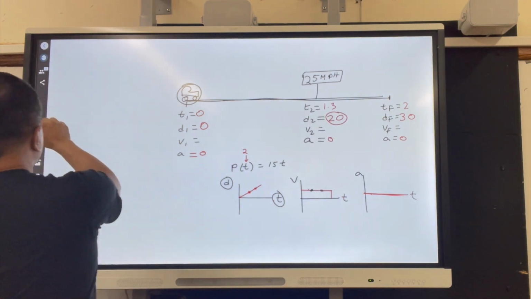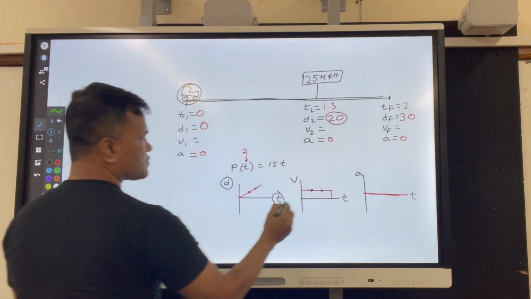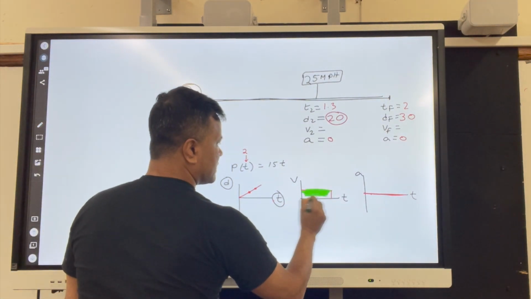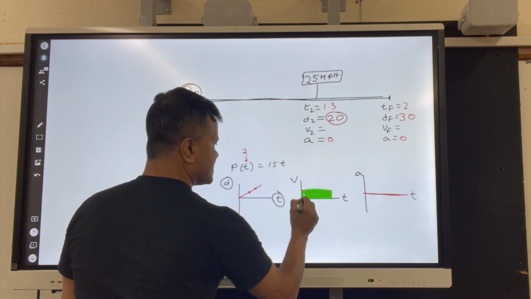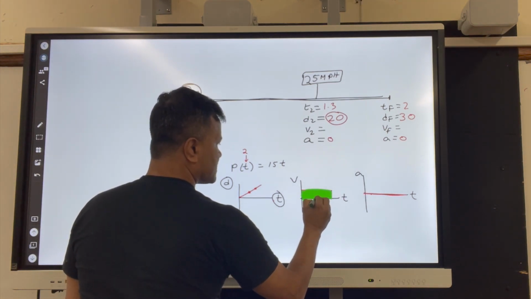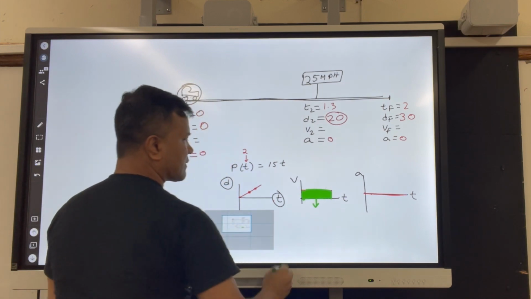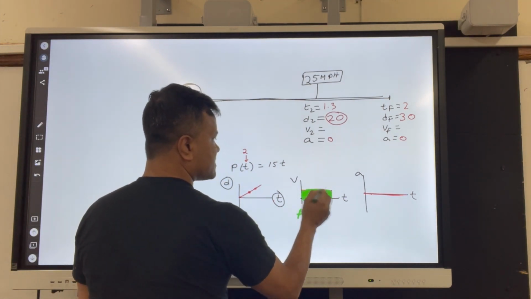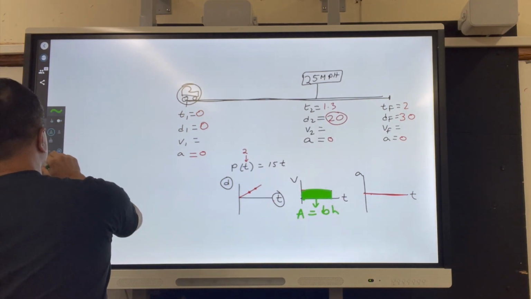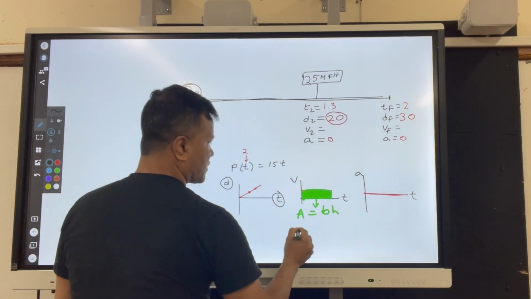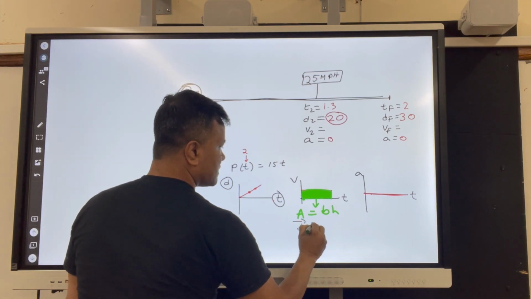We know a few things. We know our area, and area has a name. This is the area, and this is a rectangle, so bh. In physics, there is a name for this area, and we call it displacement.